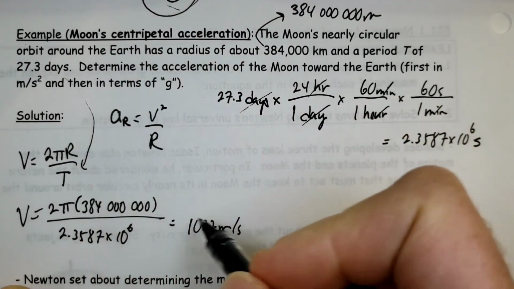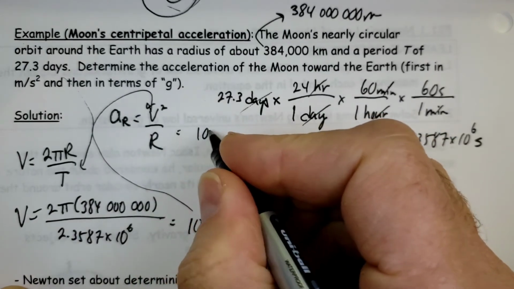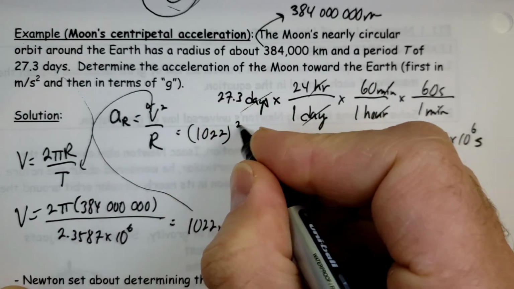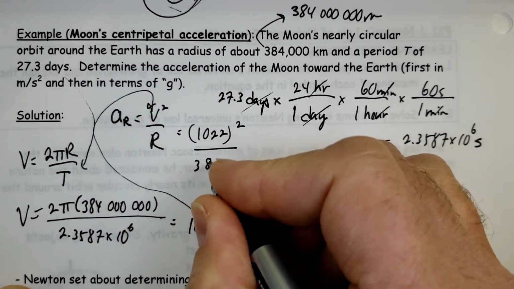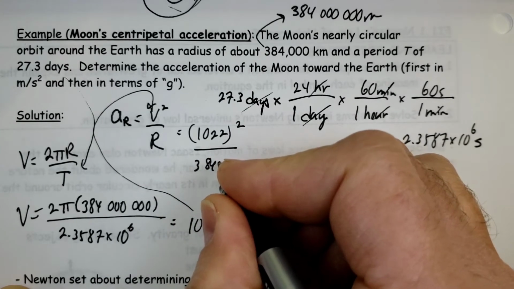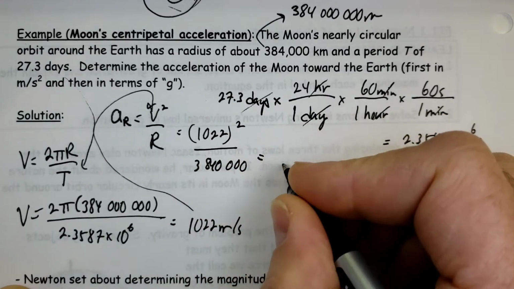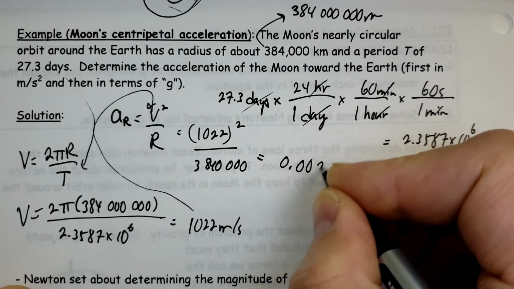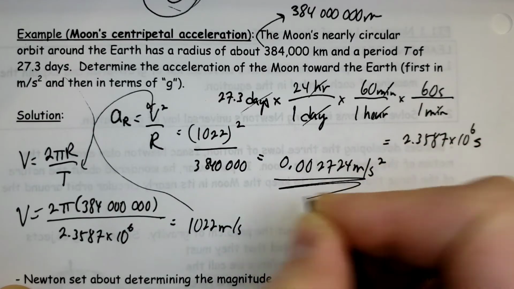So back over here, now we can take that v and substitute it into here. 1,022 squared divided by the radius, 384,000,000 I mean. And with that we get 0.002724 meters per second squared.